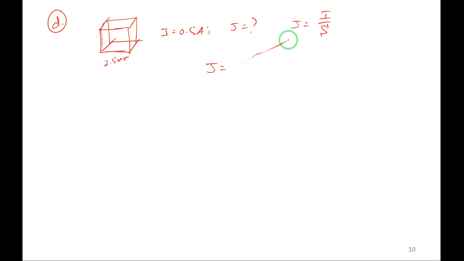So J is equal to current I, 0.5 amps, divided by the surface area. 2.5 mm means 10 power minus 3, length into breadth. One side is 2.5, another side is 2.5, so this will give me the surface area, 2.5 mm cross 2.5 mm.